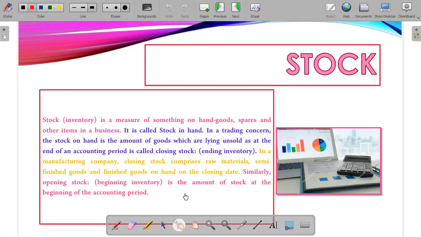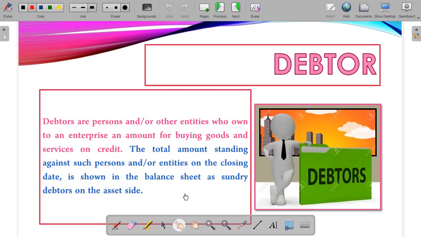Stock can be of three types: stock of raw material, stock of semi-finished goods, stock of finished goods, right? The stock of finished goods means the product which has already been completely made, right? So stock can be of three types and stock can be of closing and opening as well. They are the current assets.